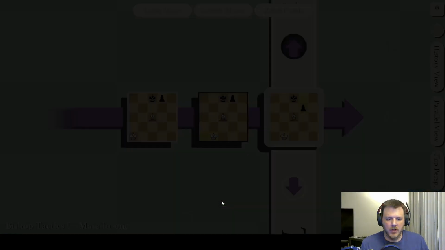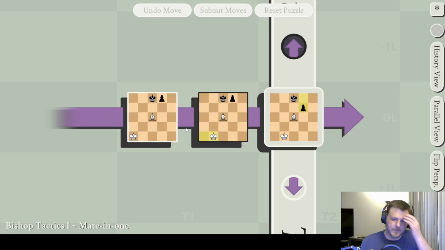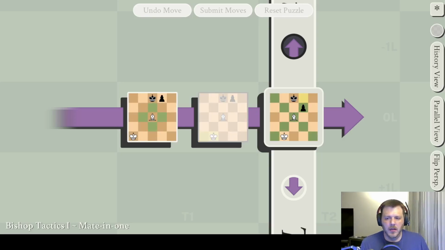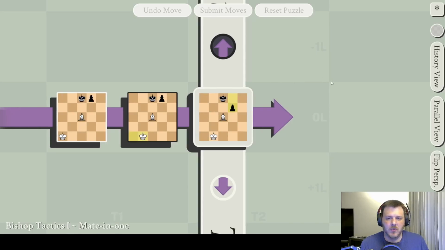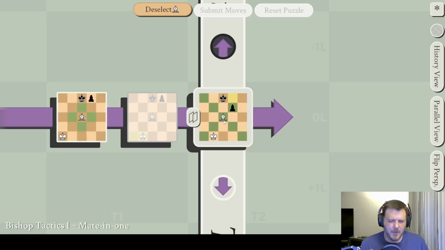Bishop tactics, mate in 1. So, honestly, I think just right here will be a checkmate, because what'll happen is it can move from that square in the future, it can move diagonally back to this square and to that square, and there's nothing that can capture from here.